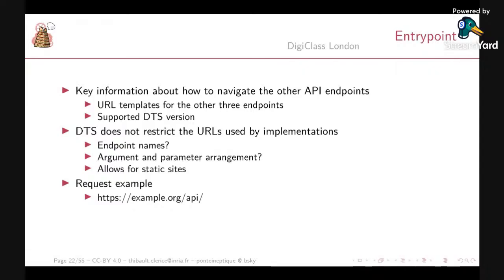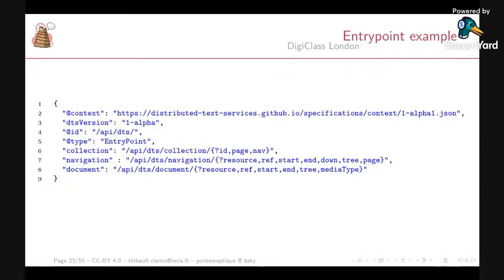And finally, DTS doesn't care about how you build your URIs. If you're using /dts or dts.html, it's up to you. The way DTS is built, you can have any kind of URL templates. So this is what it looks like.